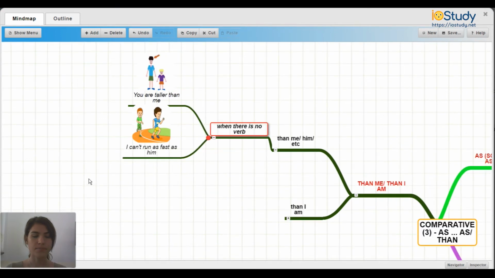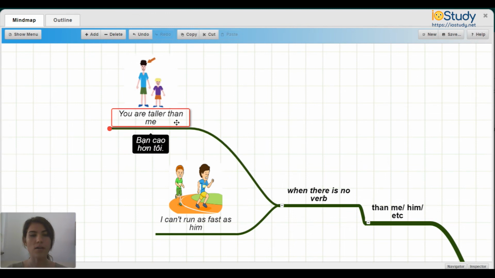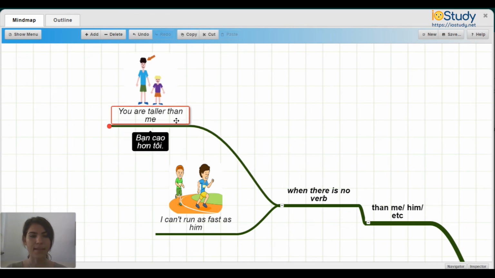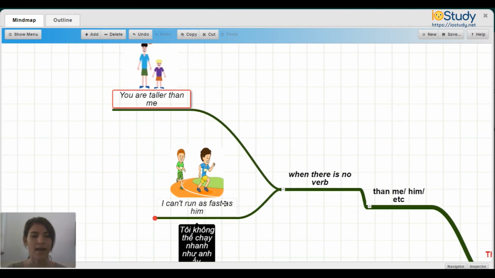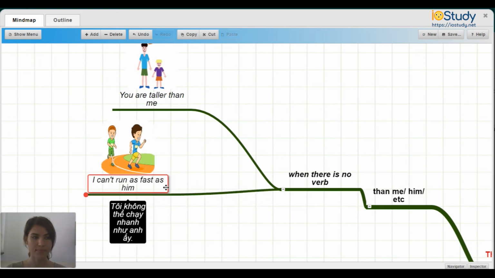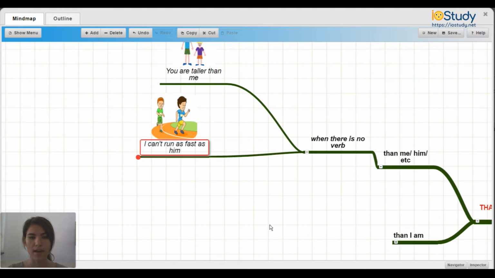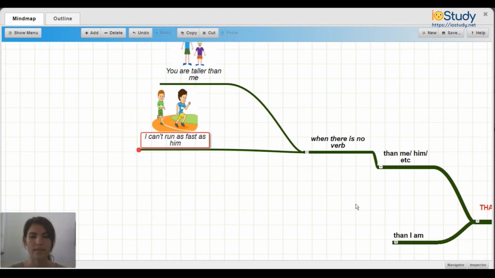For example, you are taller than me. And I can't run as fast as him. Okay, so both of these are using than him and than me.